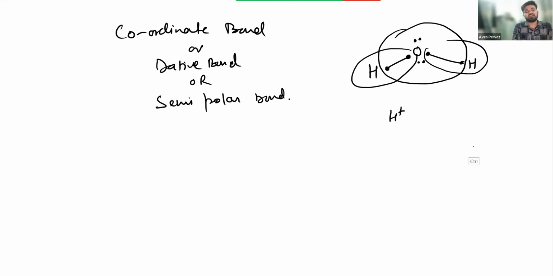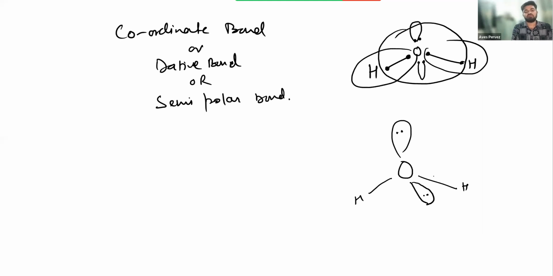So if an H positive ion comes, it is attracted to this electron cloud, which we call a lone pair. Oxygen has a lone pair here, and another lone pair here, each having 2 electrons.